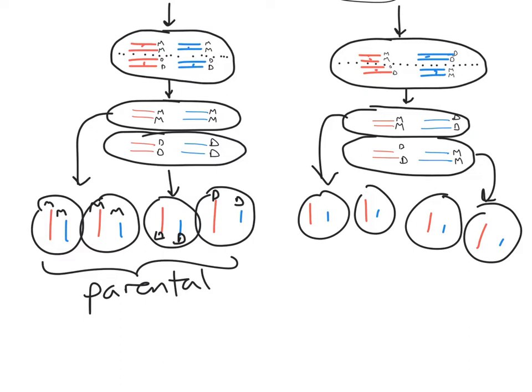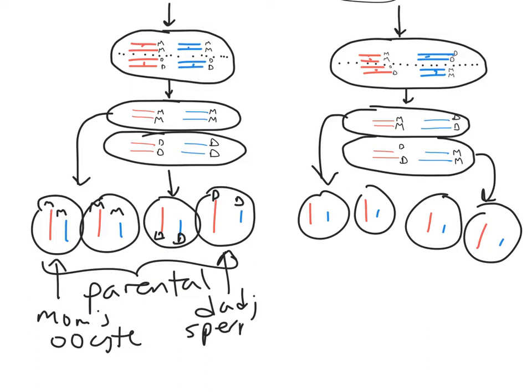So this is like what the mom's oocyte looked like that was fertilized to produce this individual we're talking about. And on the right side here, the ones where the chromosomes all have dad's version, those represent the genotype that was present in the sperm that dad contributed to this individual.